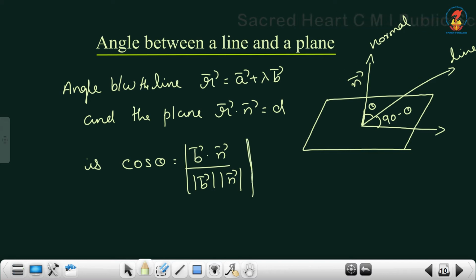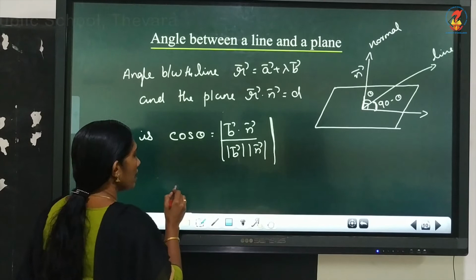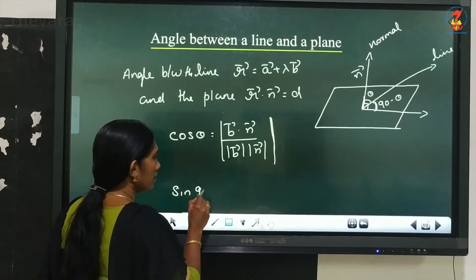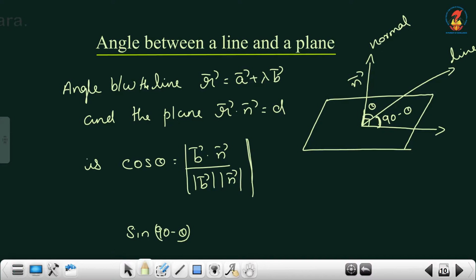But the angle between line and plane is not theta. This part is 90 degree, so this portion is 90 minus theta. So we have to find 90 minus theta, that value only we have to find. So cos theta is same as sin 90 minus theta, or you have to find the value of theta, then 90 minus theta you can calculate.